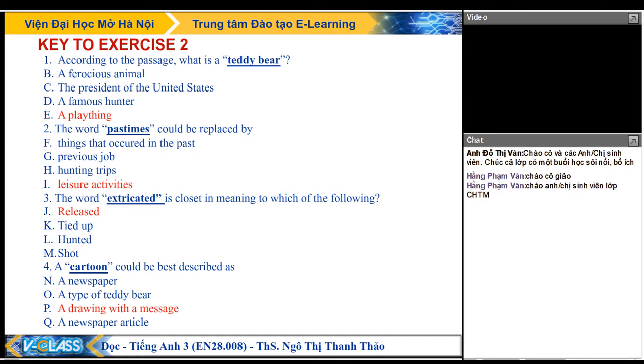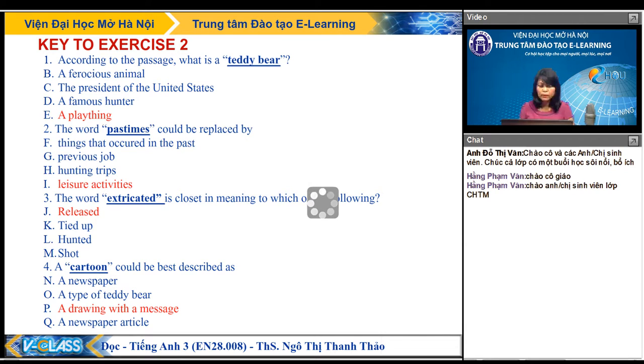Number 2, the word pastime. The word pastime, what is it? It is things that occurred in the past, previous job, or hunting trip, or leisure activities. Of course, it is leisure activity.